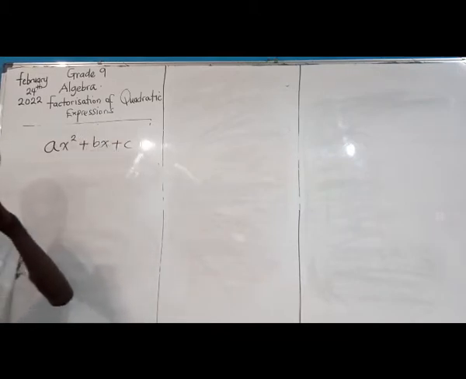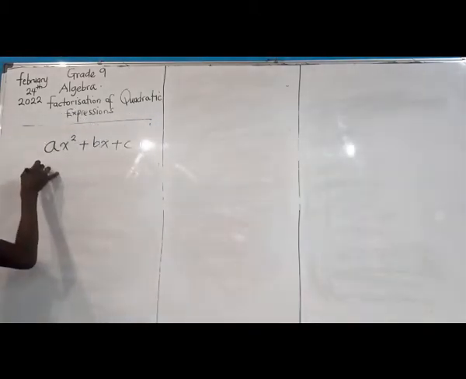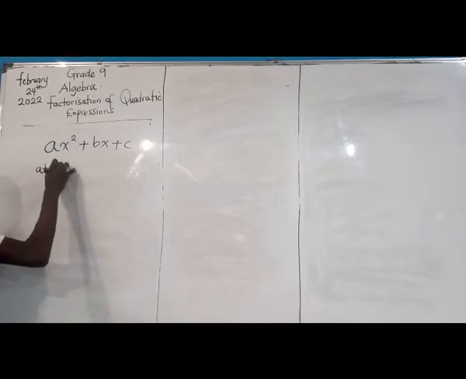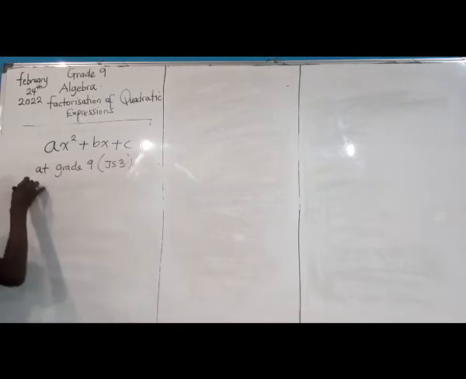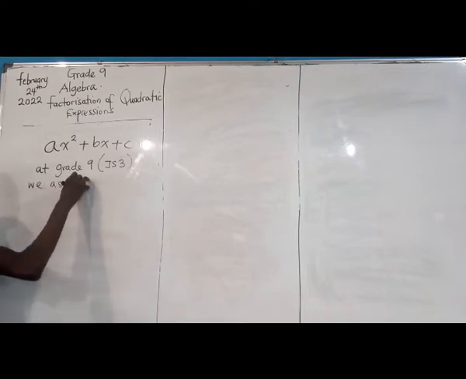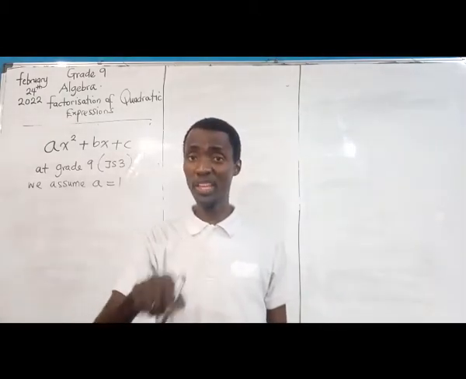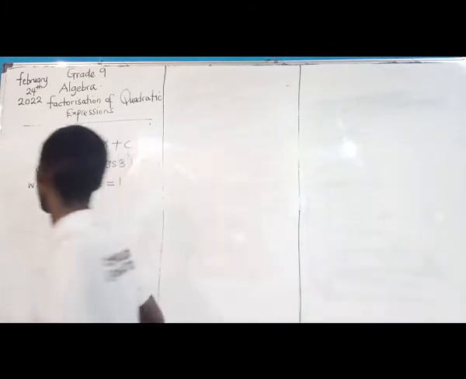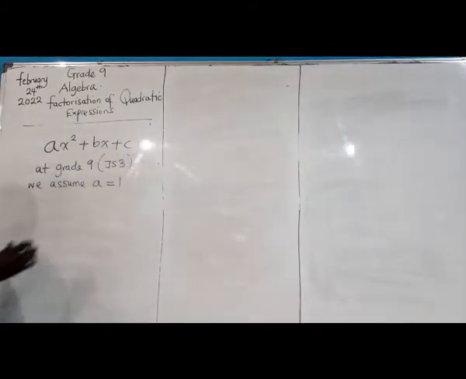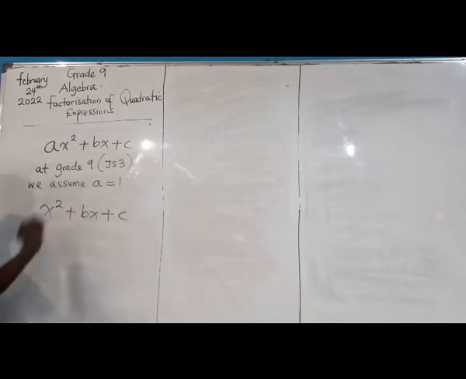We added that at grade 9, JS3, we assume a to be equal to 1. It's done deliberately so that you understand the concept better. It means that what we are dealing with at your level will be x squared plus bx plus c. This is what we have.